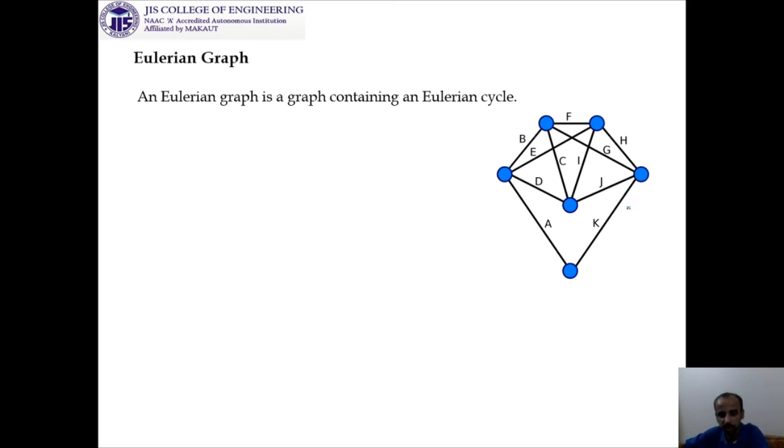If you start from this one, then you have to go from this one, and you can check that if you go alphabetically, you can start from A, then you will get B, which means this edge, then C, this edge, then D, this edge, then E, this edge, then F, then G in this edge, then H, this one, then I, this one, then J, this one, and then K. That means you are again coming back to the starting vertex without any repetition of any edges.